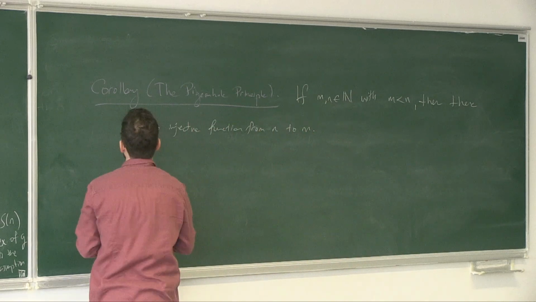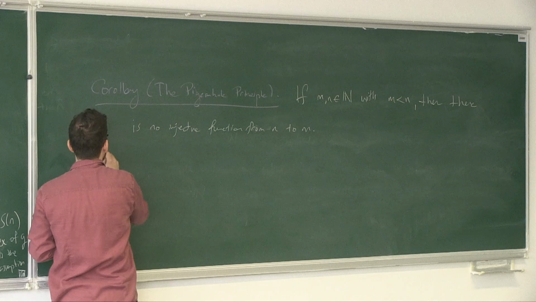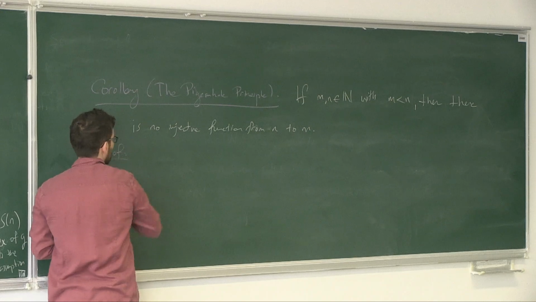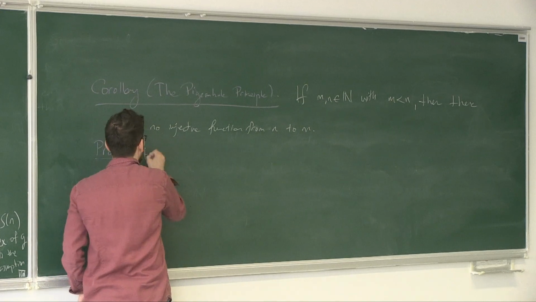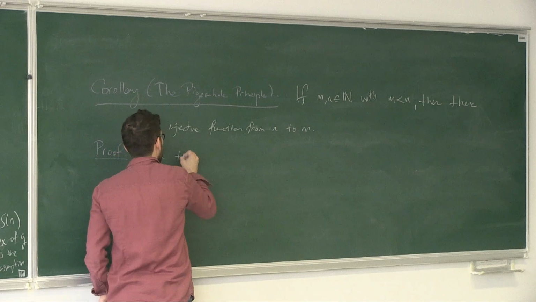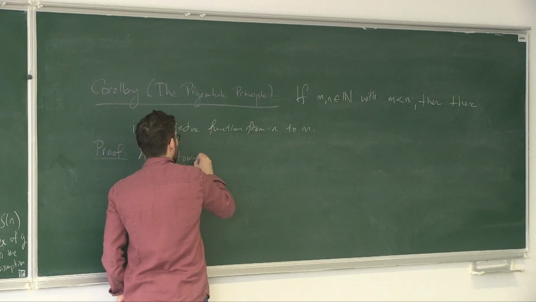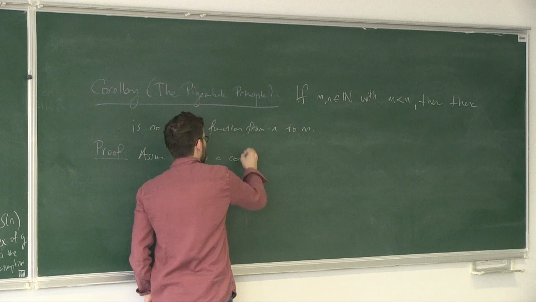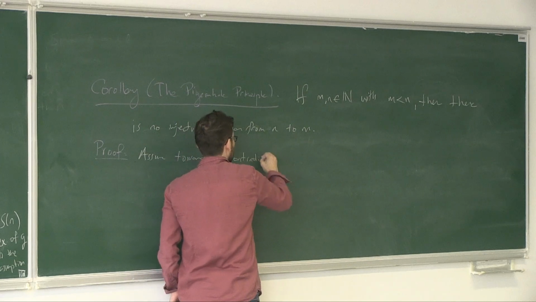And the proof is clear. Assume not. Assume towards a contradiction, so in order to get a contradiction, assume that this is not true.